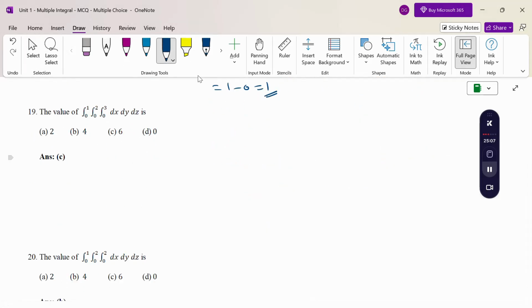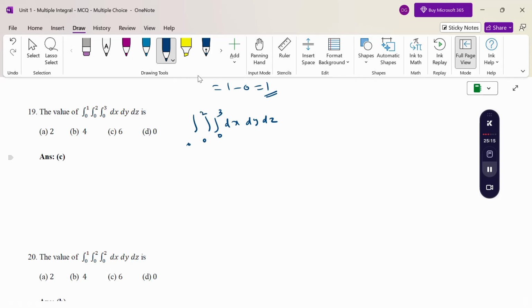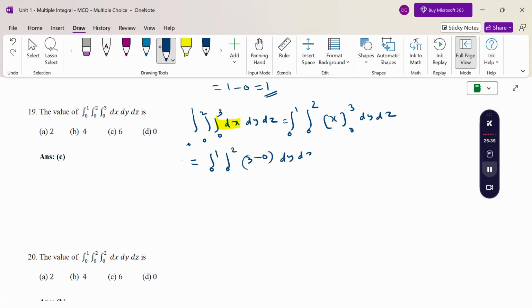And then the next problem, triple integration of dx dy dz. This problem only changes the limits: 0 to 3, 0 to 2, 0 to 1. First integrating x from 0 to 3, dy dz. Therefore 3 minus 0 dy dz.